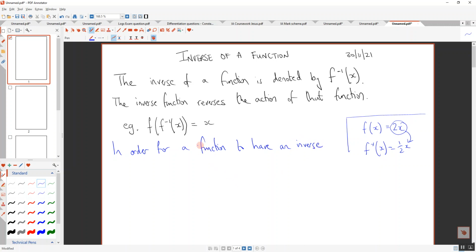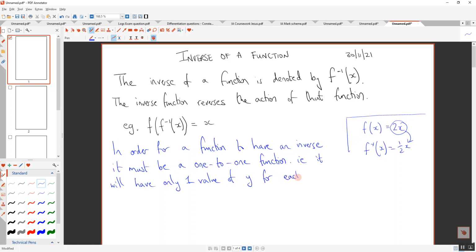In order for a function to have an inverse, it must be a 1-to-1 function. So i.e. it will have only one value of y for each corresponding value of x.